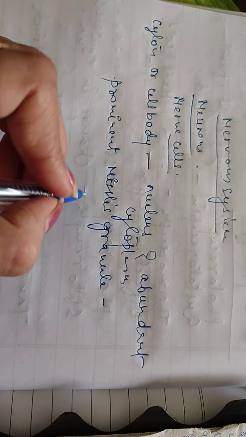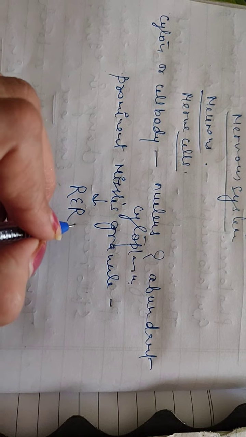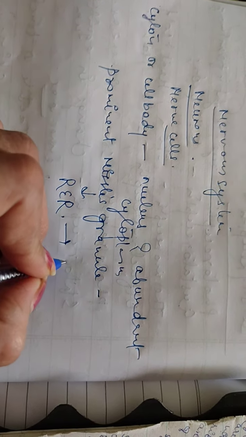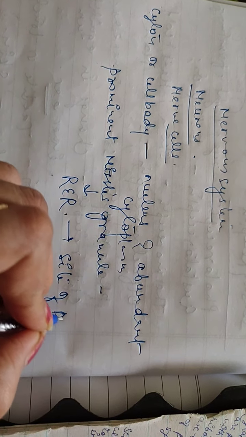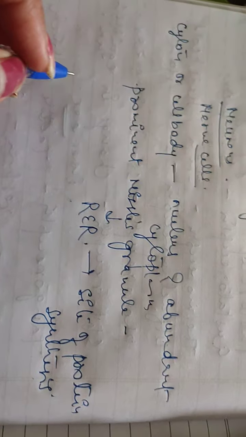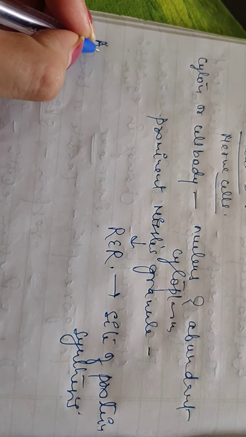Nissl's granules have rough endoplasmic reticulum, and that's why these are also called the site of protein synthesis. And they have free ribosomes on their surfaces. Then next is the axon.